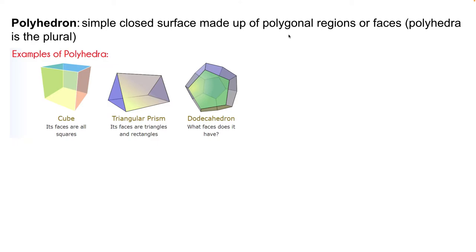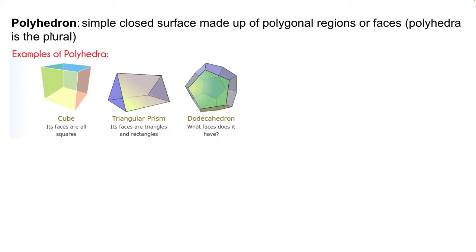And it has to be closed and has to have straight line segments. So if you have a circle shape, it's not going to be a polyhedron, right? So a polygon is for two dimensions. If you combine two-dimensional polygonal regions or faces together and create a three-dimensional shape like this, it becomes a polyhedron.